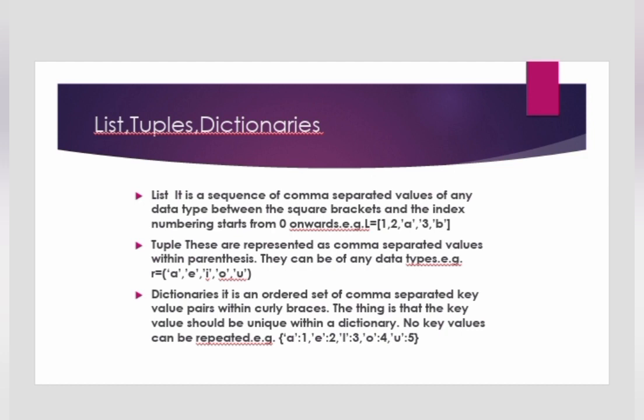Tuples are represented as comma separated values which are enclosed in parentheses. Okay, they can also contain any data types. Dictionary is an ordered set of comma separated key value pairs. That means you have to keep a key as well as a value, which are separated from each other by using a colon in between. We will read them in detail in Python.